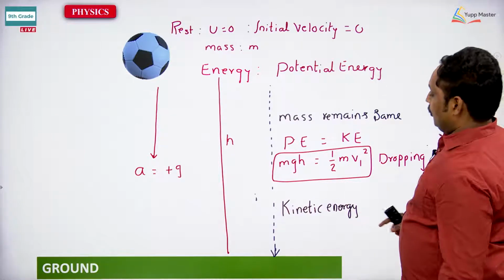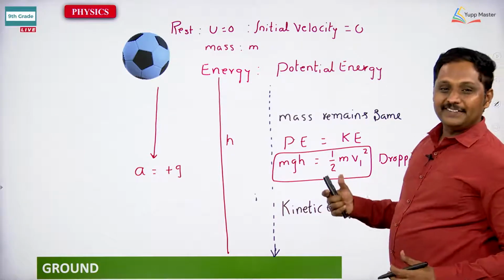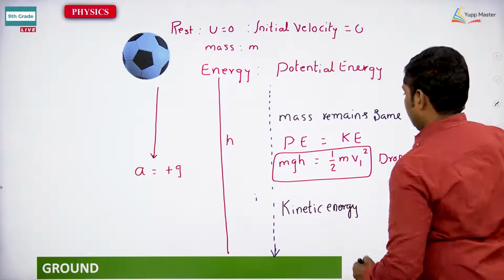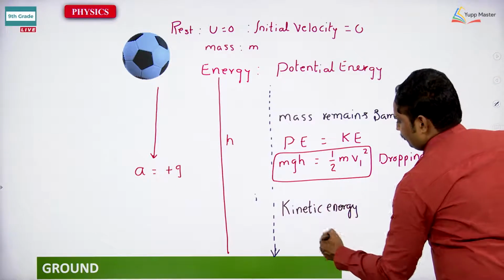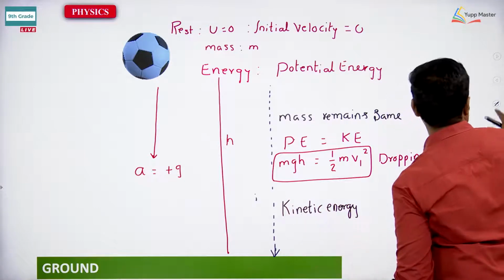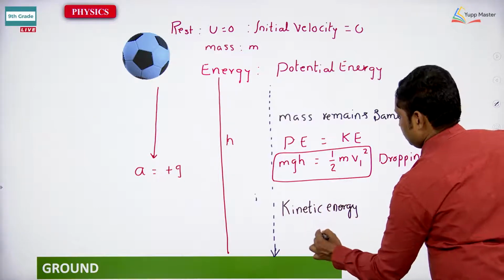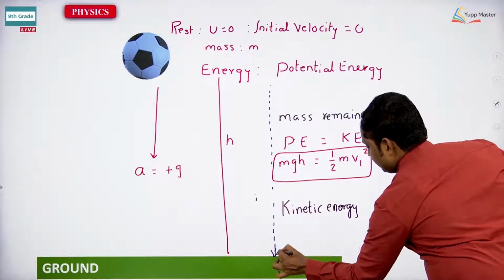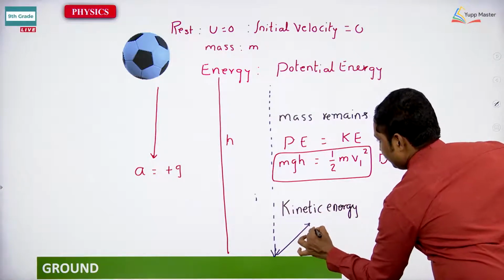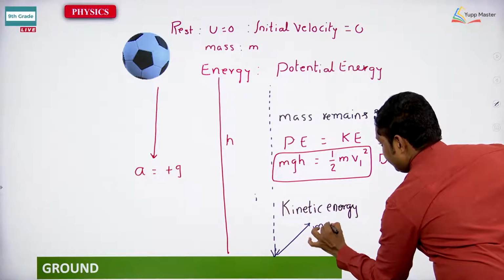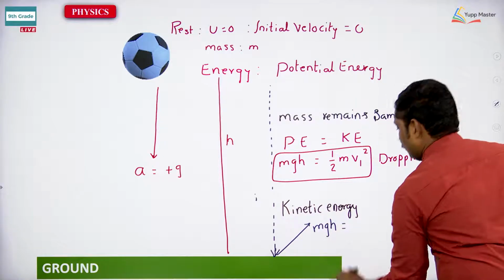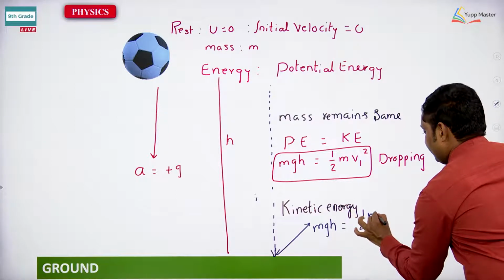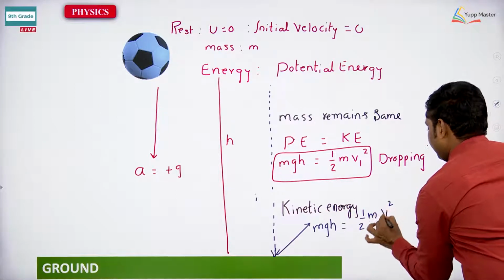Okay. So, after bouncing, what happened? Its speed is going to be different. All right. So, after bouncing, it is going to follow this equation. We can take mgh is equal to 1/2 m v2 squared.